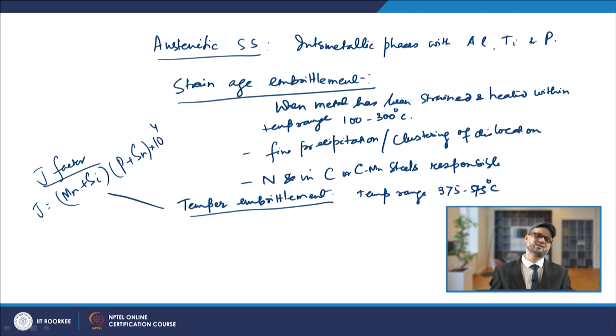Now, this is very important when we talk about vessels in nuclear power or petrochemical plants, because in those cases you need to ascertain the fracture toughness values. So in that case this J factor parameter is important, and it is normally required.